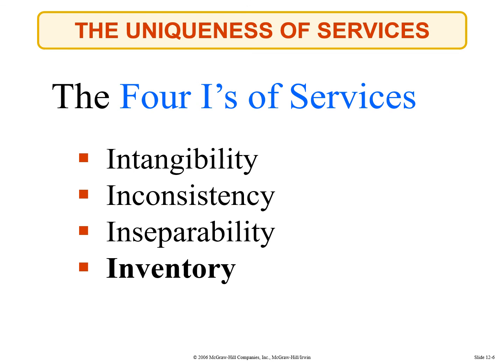Those were the examples of inseparability and how, within inseparability, they can be co-created services or firm-generated services. The last I is inventory, and we're going to cover this in the next topic.